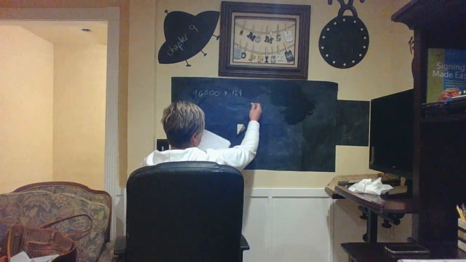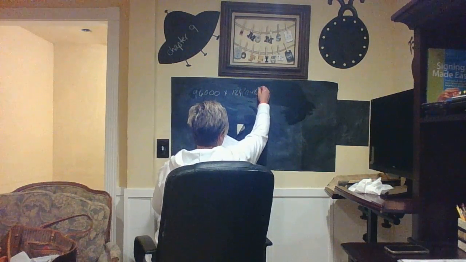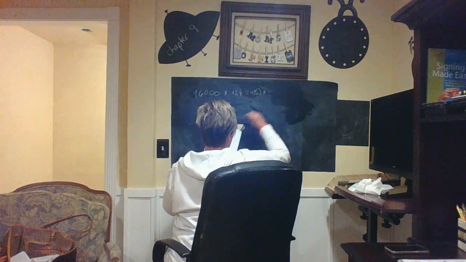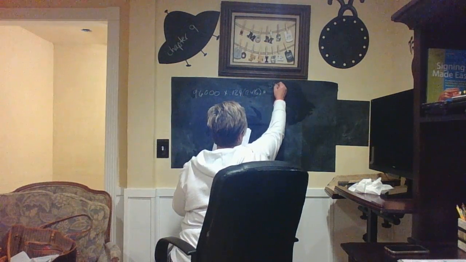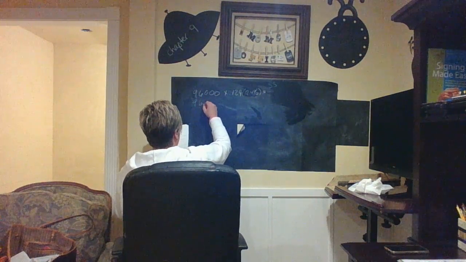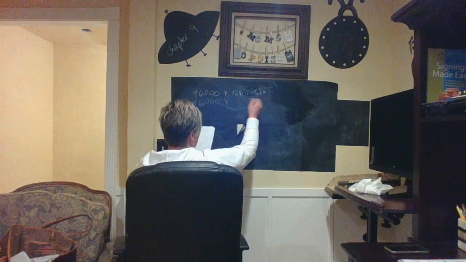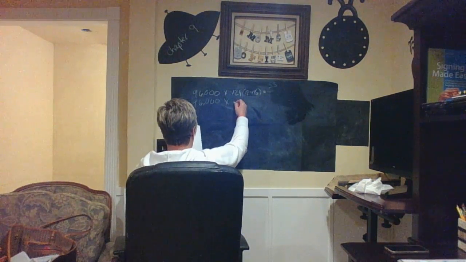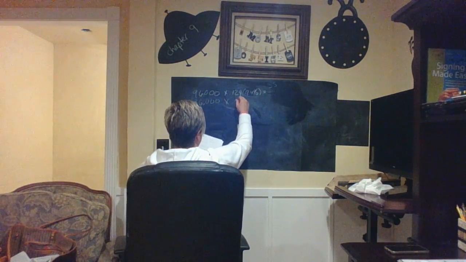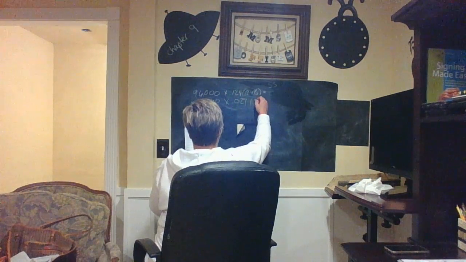Okay, so all you do is calculate the 96,000 times 0.124 or 12.4%, and that gives you your Social Security. I'm going to just write these down and then I'll calculate them out for you. So then that's for Social Security. Then Medicare would be 96,000 times 0.029 or 2.9%.